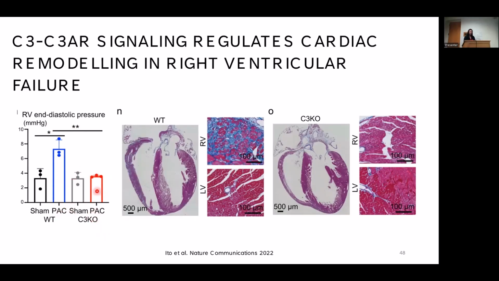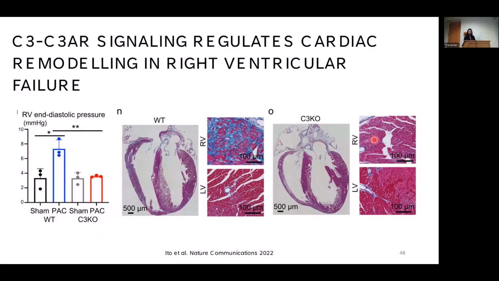And they also used a few different transgenic mice that were deficient in C3 or in liver and heart-specific C3. So in all of those animals, as well as in animals treated with C3 antagonists, they showed that there was decreased fibrosis and decreased changes in RV.